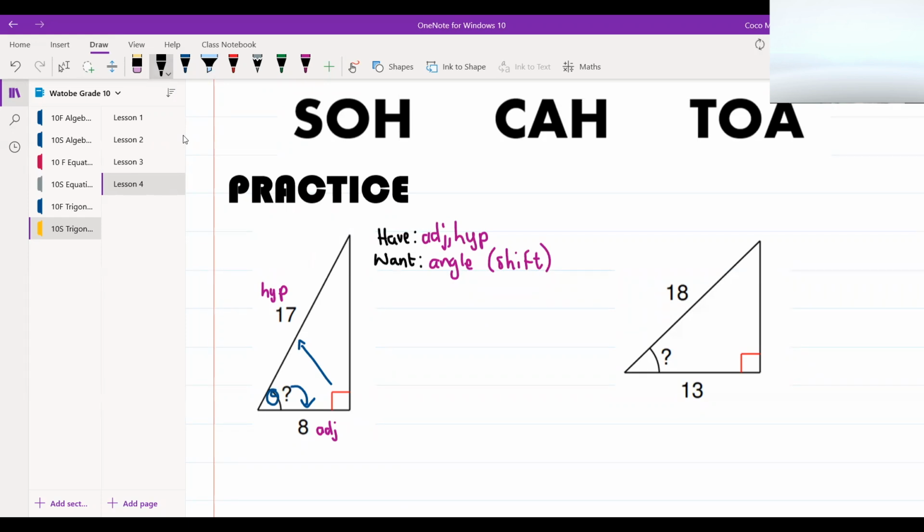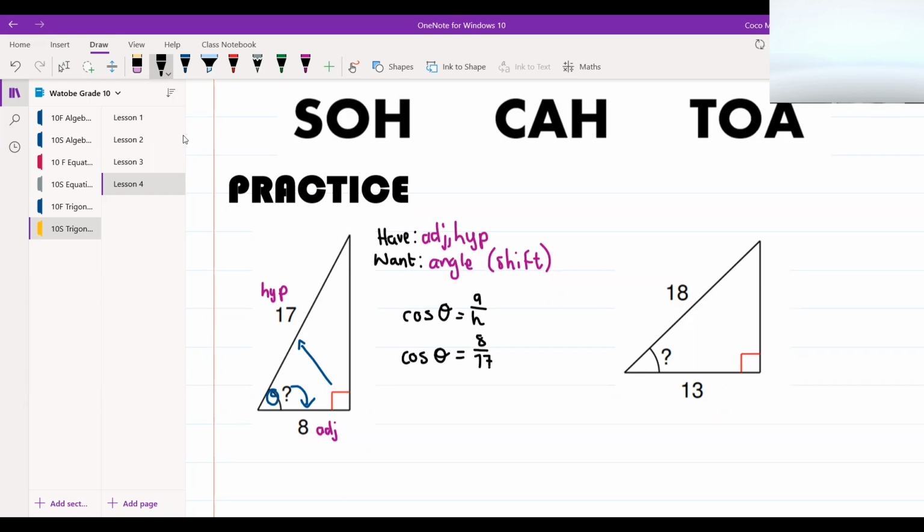CAH, because I've got adjacent and hypotenuse. Good. So give me a formula. Cos of theta is equal to? A divided by H. Good. That means that cos of theta is equal to, give it to me in numbers. Cos of theta equals 8 divided by 17.